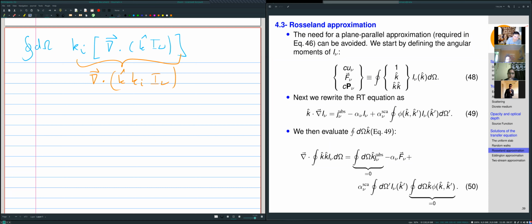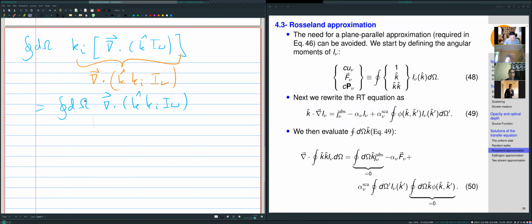So yes, there are 3 equations, and in the end, this term in the sine is then going to be the integral over solid angle of nabla dot k I nu.